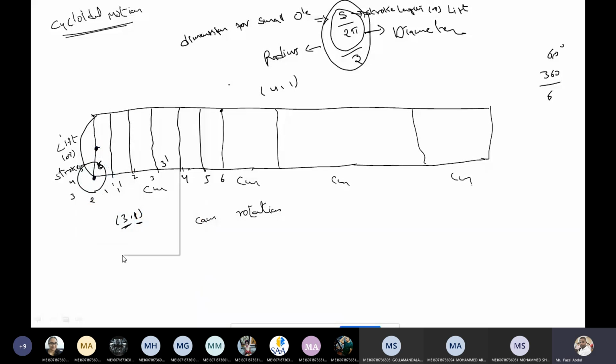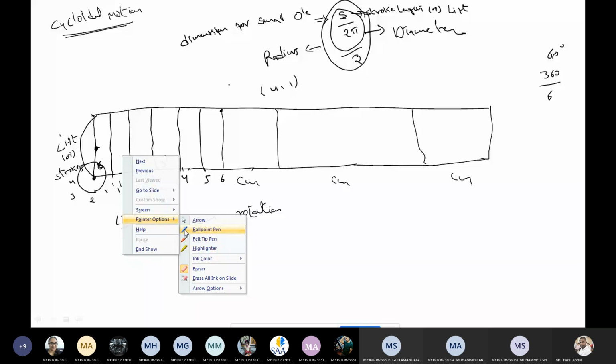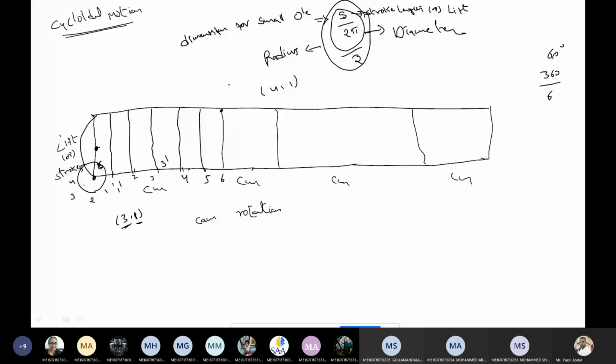Instead of drawing the horizontal and vertical, one, two, three, four. 1 2 3 4. This is the 6 parts we divided, and draw the two horizontal lines.